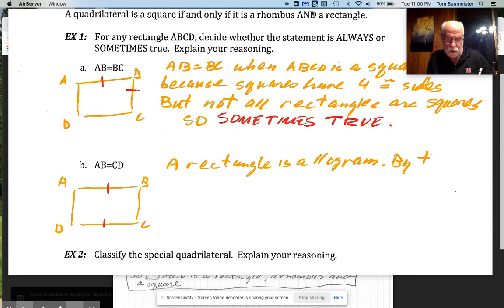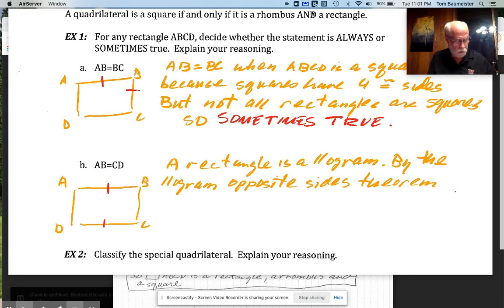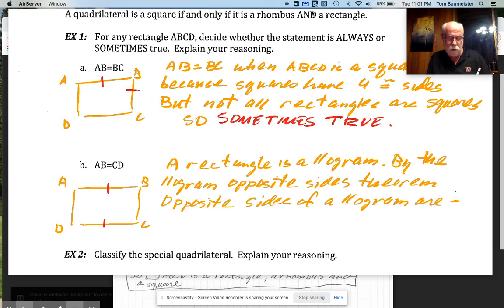By the parallelogram opposite sides theorem, opposite sides of a parallelogram are congruent.